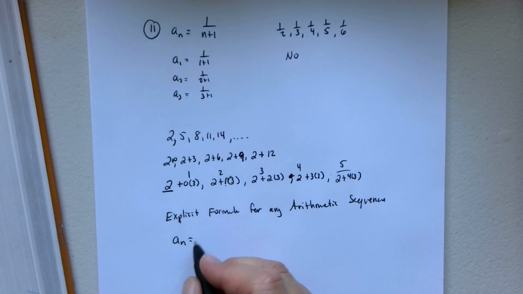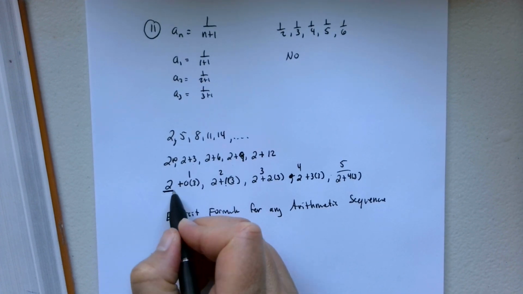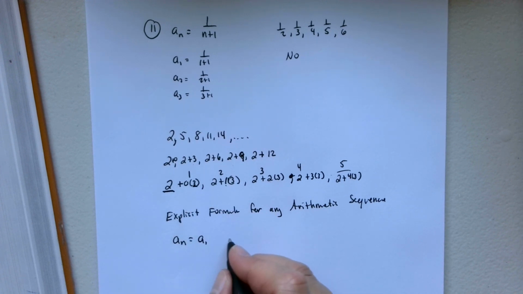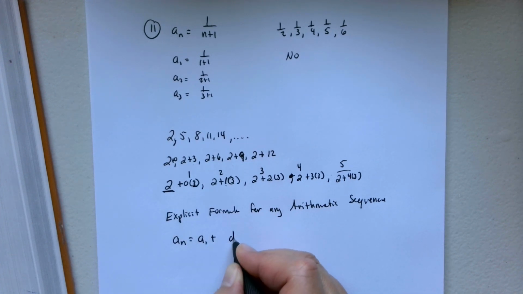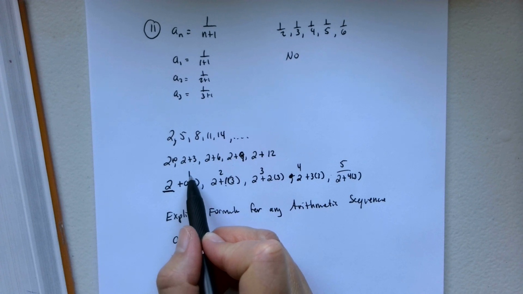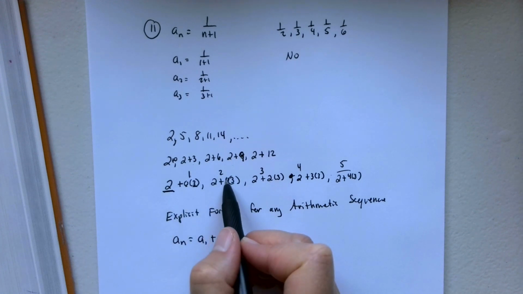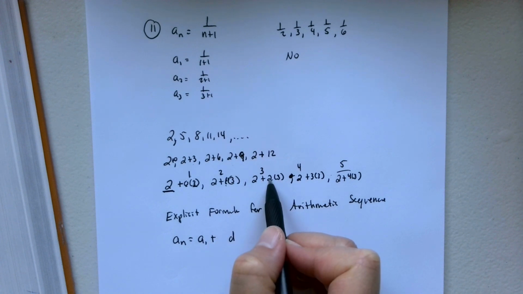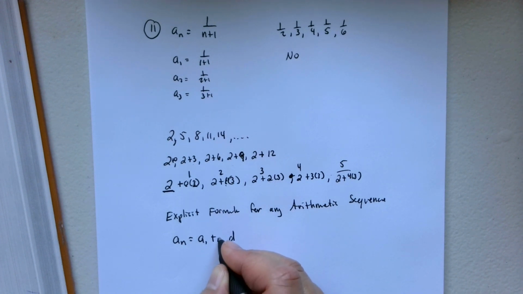Our first term was the 2. 3 was our common difference. Now, this was our first term, and we multiplied the 3 by 0. This was our second term, and we multiplied by 1. This was our third term, and we multiplied by 2. So they're taking the number of terms and subtracting 1 and multiplying it by that common difference.